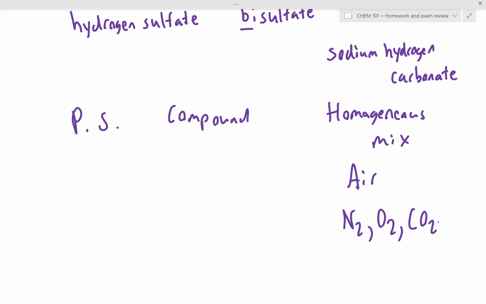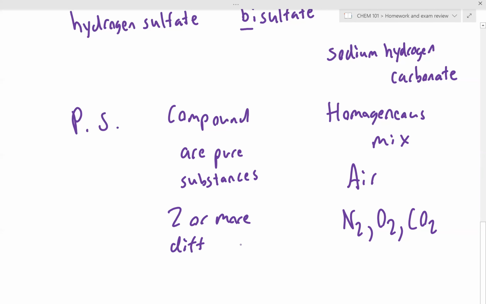If we're thinking about a pure substance, compounds by definition are pure substances. And the key criteria for a compound is they contain two or more different elements covalently bonded.